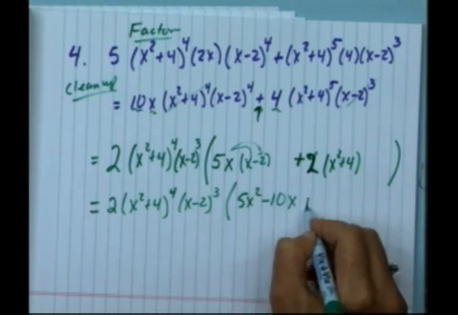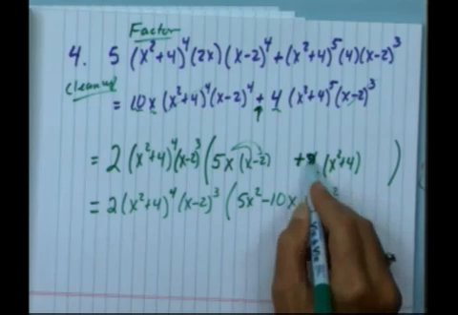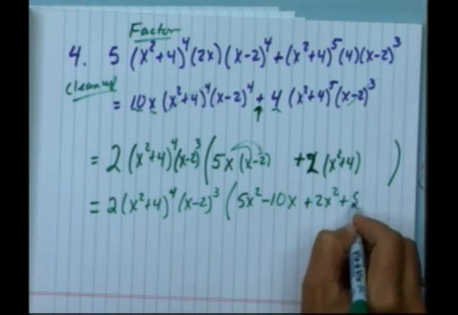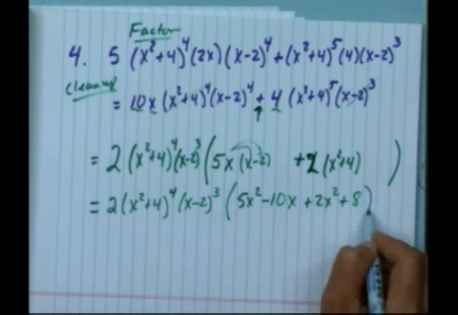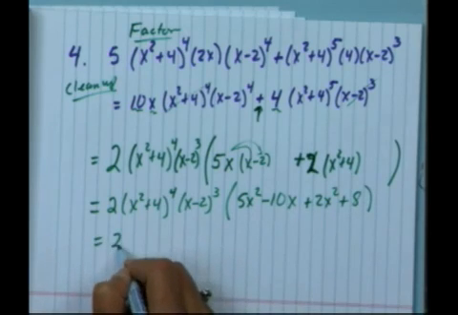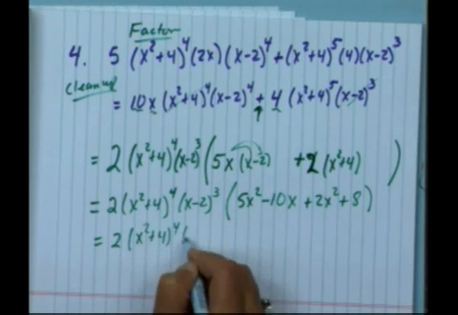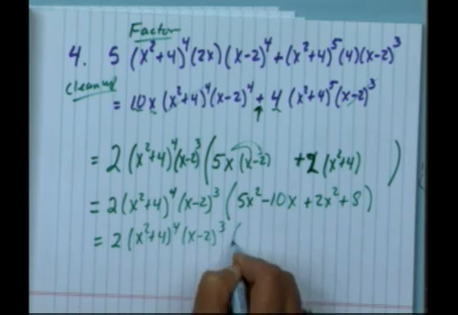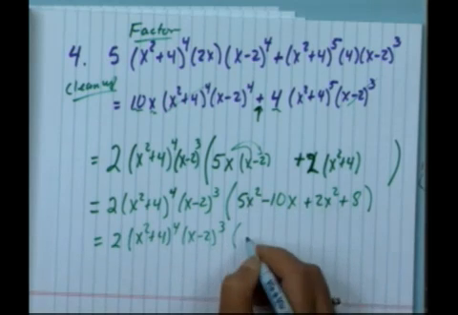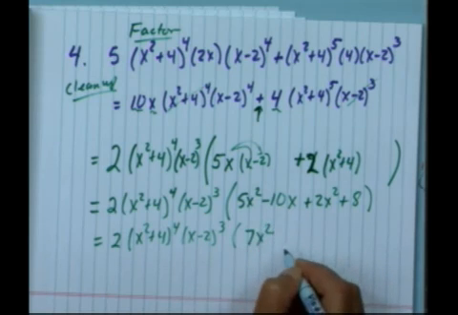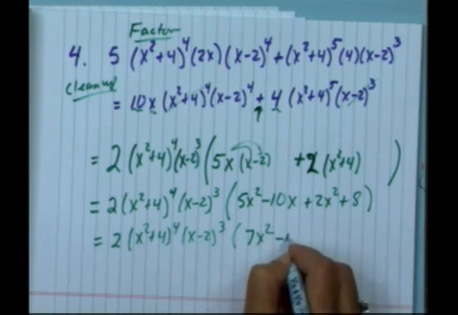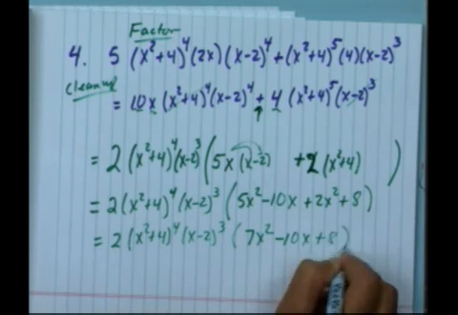And now I have a plus 2x squared and a plus 8. All right, let's see what that looks like. So we have 2 times x squared plus 4 to the 4th, x minus 2 cubed, times 5x squared and 2x squared is 7x squared. And I have minus 10x, and I have a plus 8.